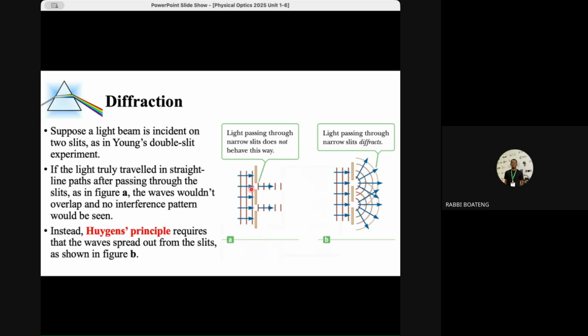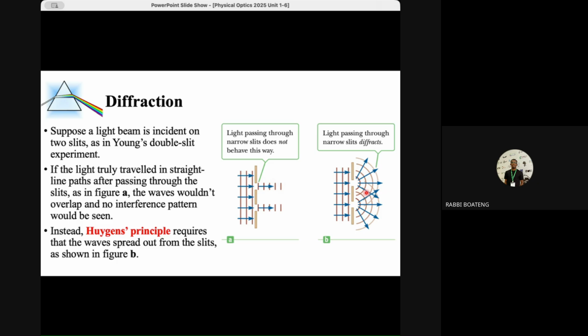But interestingly, when light passes through a hole like this, ideally we may think that it should continue as it was before entering. Is that okay? But interestingly, it doesn't happen that way. It doesn't go in the pattern it had as it entered. It moves in a spherical way of movement and diffuses to different places.